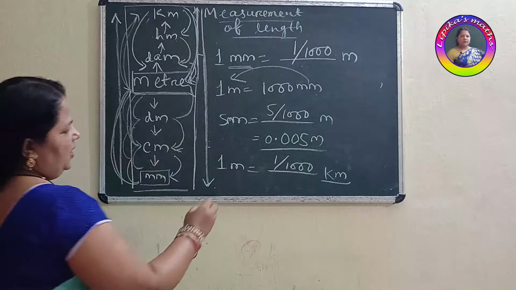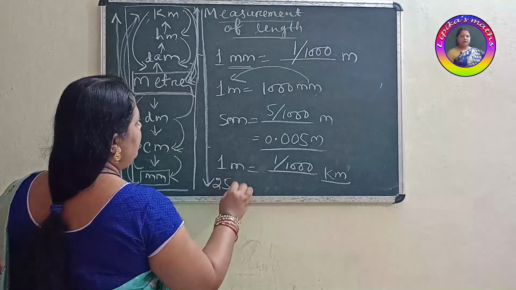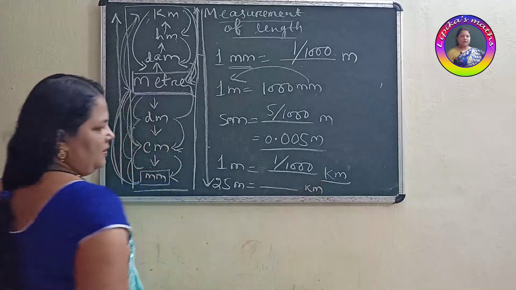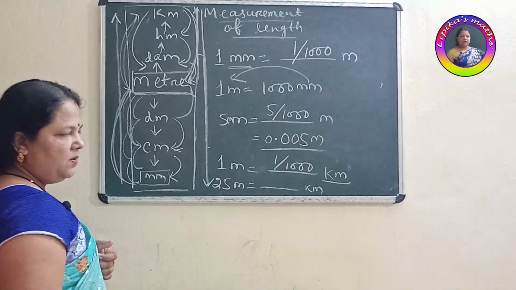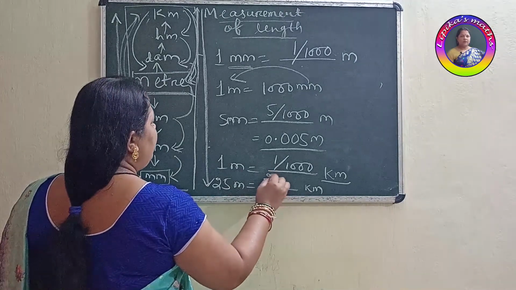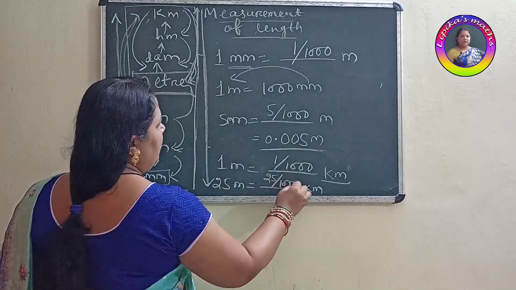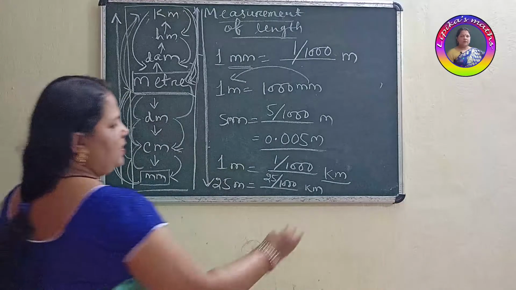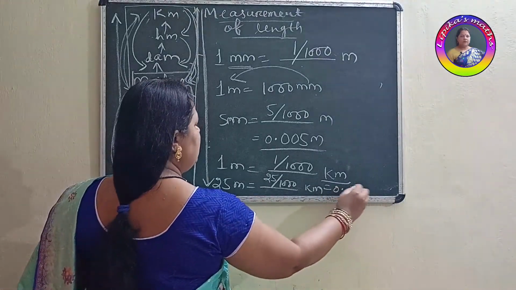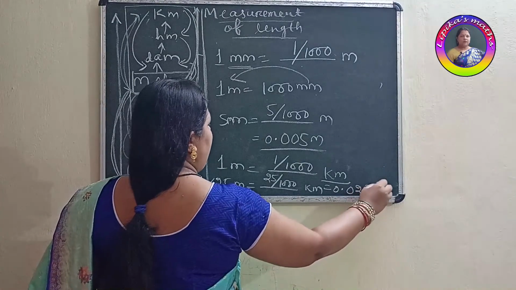Got it? If it's asking 25 meter equal to dash kilometer. So what value will you put over here? 25 meter means 25 upon 1000. So how much are you getting in decimal form? 0.025 kilometer.